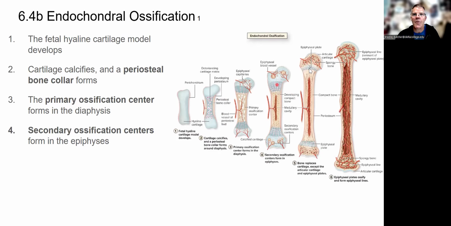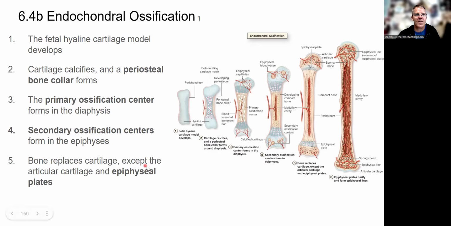And those are, remember, we have our epiphyseal plates. That's the area of bone growth. So bone replaces cartilage, except at the articular cartilage at the very ends of the bone.